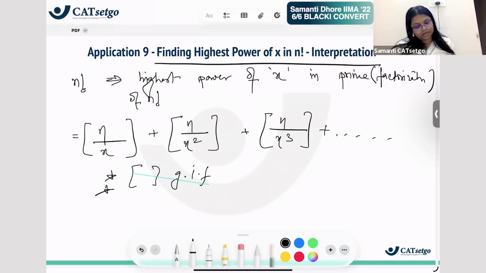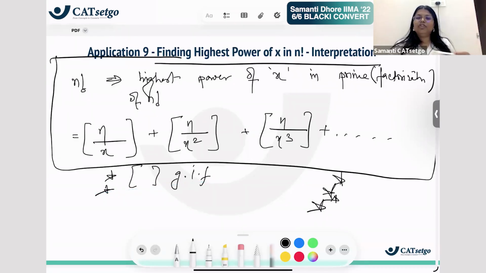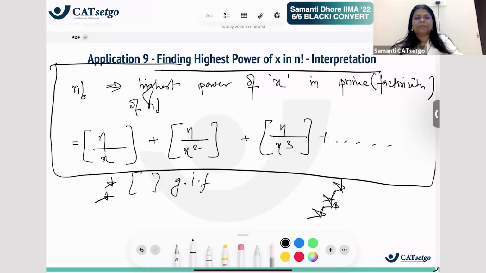So this is the interpretation of the entire thing that we just saw. Once you write it down, we can go ahead and implement it as well. Very interesting application, no? Very, very interesting application.